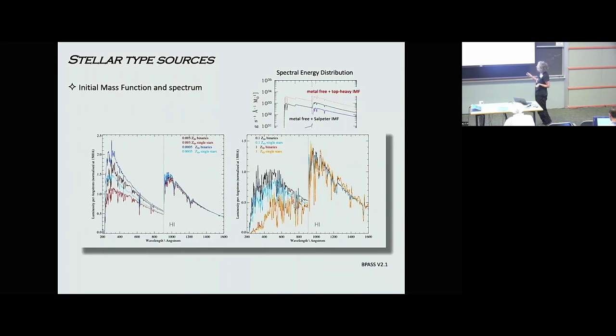So if you just concentrate on the left panel here, where we have the lowest metallicities, you can, for example, compare the brown and the red line, where you have binaries and single stars with the same metallicity, or the dark and light blue. And again, you see that there is a difference in terms of ionizing photon production, which clearly has an impact in our modeling.